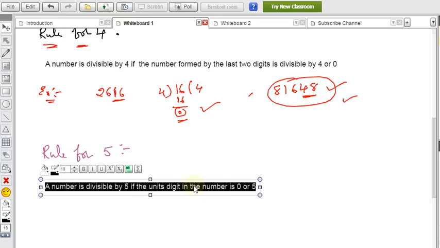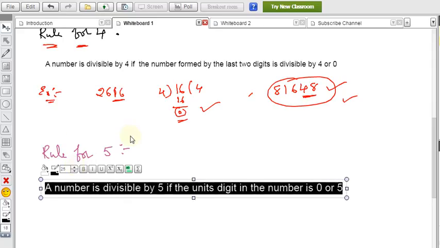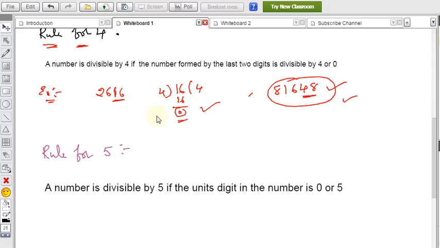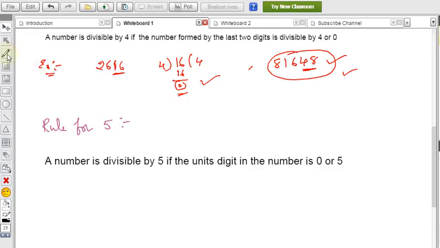So if either 0 or 5 is there in the units place, then that number is divisible by 5, because in any 5 table we will see only 5s or 0s in the units place.